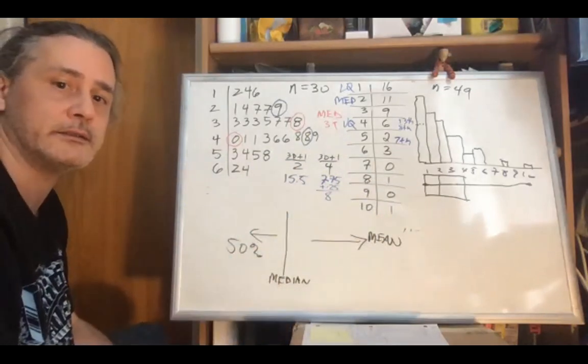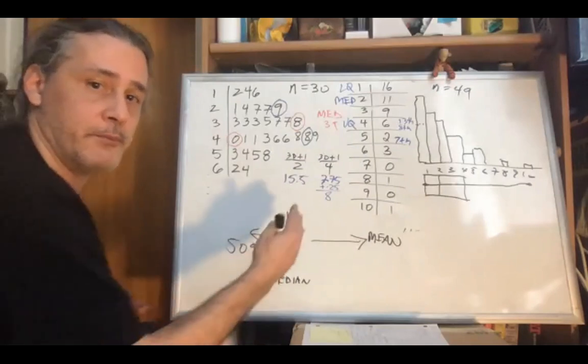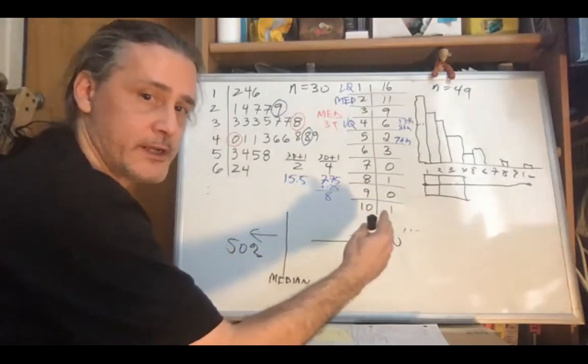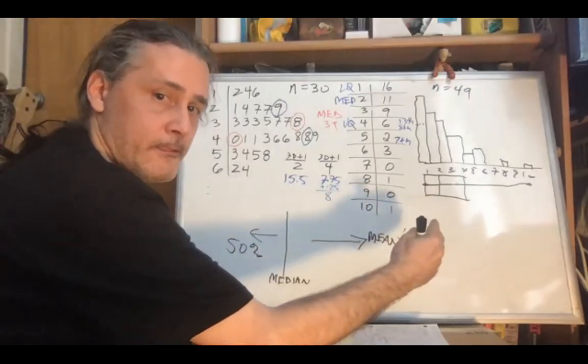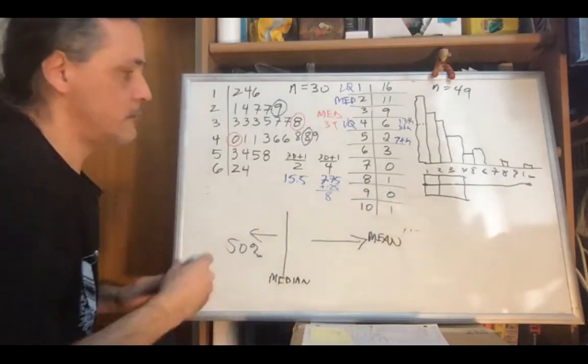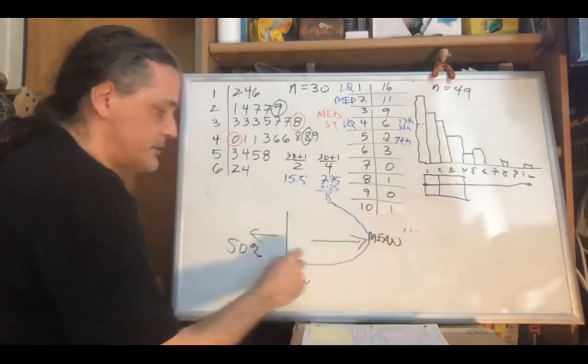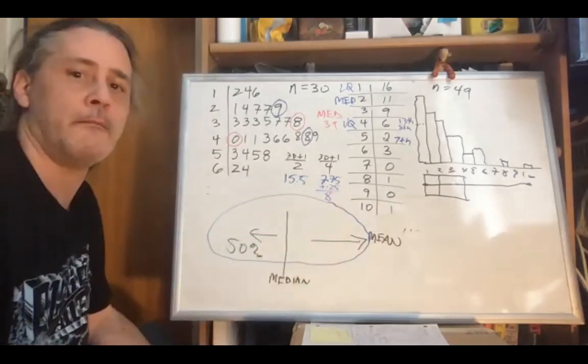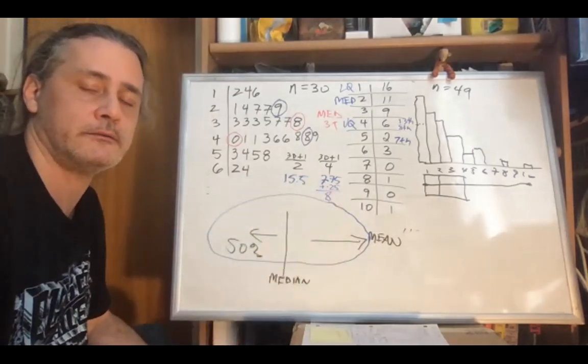That's what median is. It's the number in the middle. But if you pull the mean to the right, then there's actually more than 50% of the data below the mean.